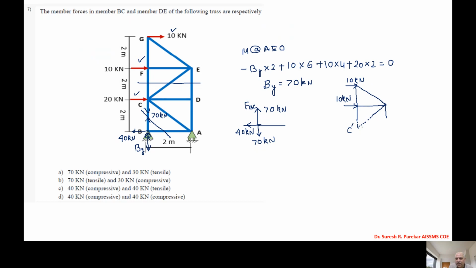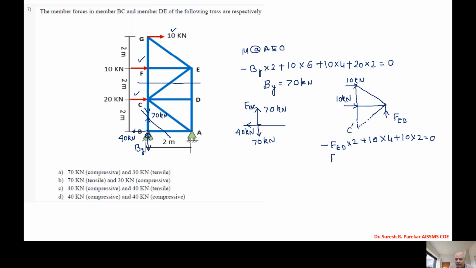And due to these forces, we have clockwise, so it should give anti-clockwise. So FED, and then we have minus FED into 2 plus 10 into 4 plus 10 into 2.